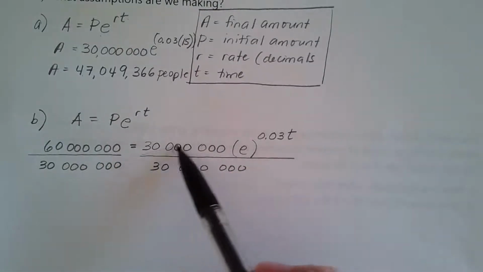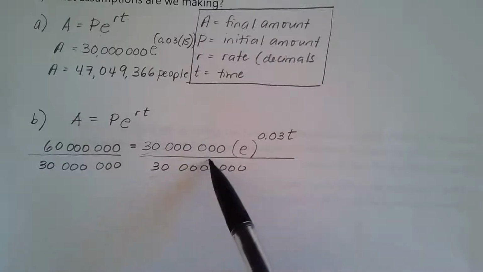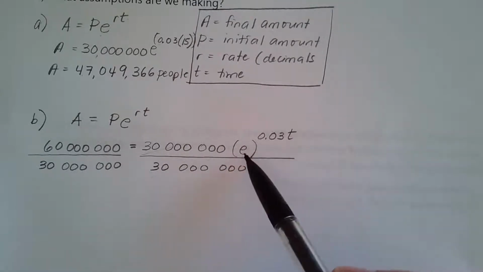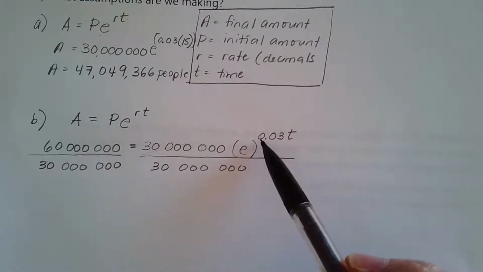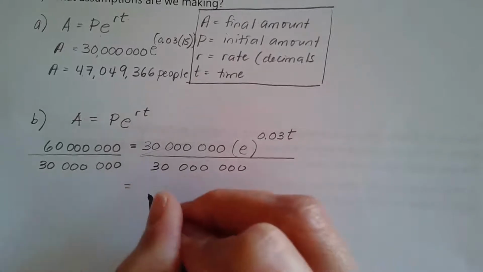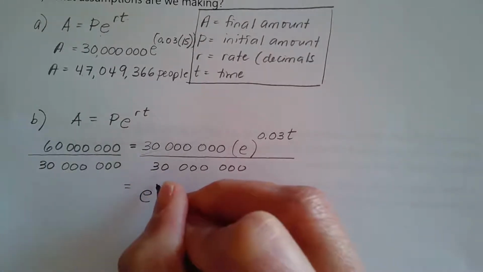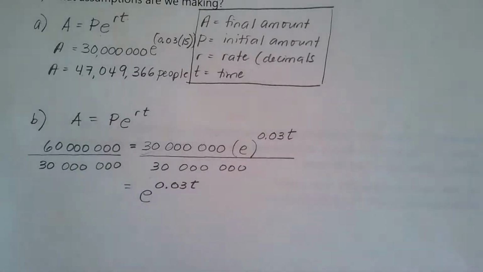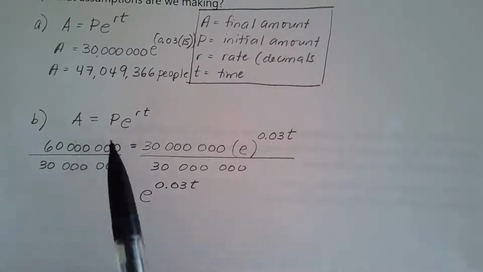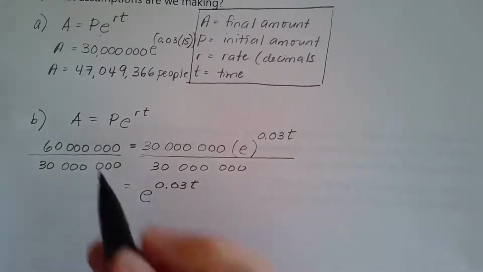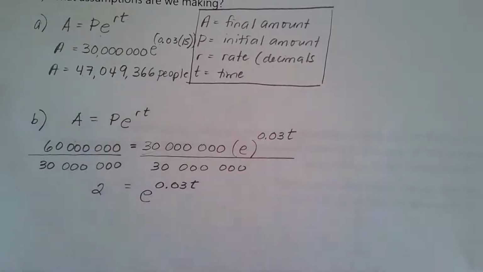Now, this 30 million divided by 30 million, they cancel each other out, and we are going to be left with e to the exponent 0.03t. And then on the left side, if we divide 60 million by 30 million, we're going to have 2.